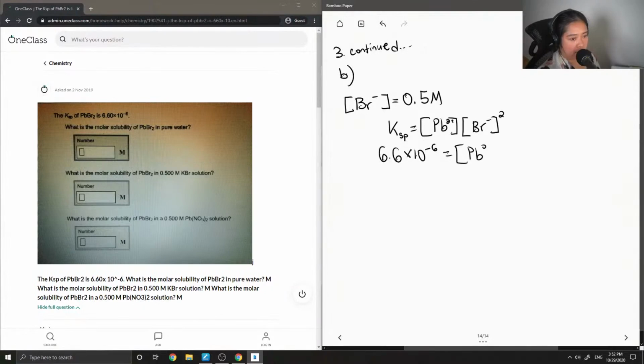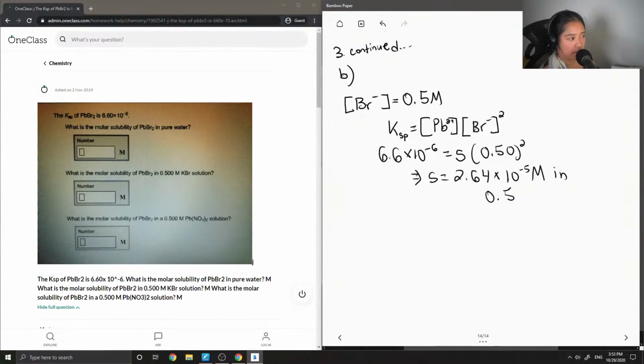Our unknown is the solubility of the lead, which I'll just denote as S. And then I'm just going to plug in the 0.5. And then we can solve for S, which is equal to 2.64 times 10 to the negative 5 molar in 0.5 M KBr.